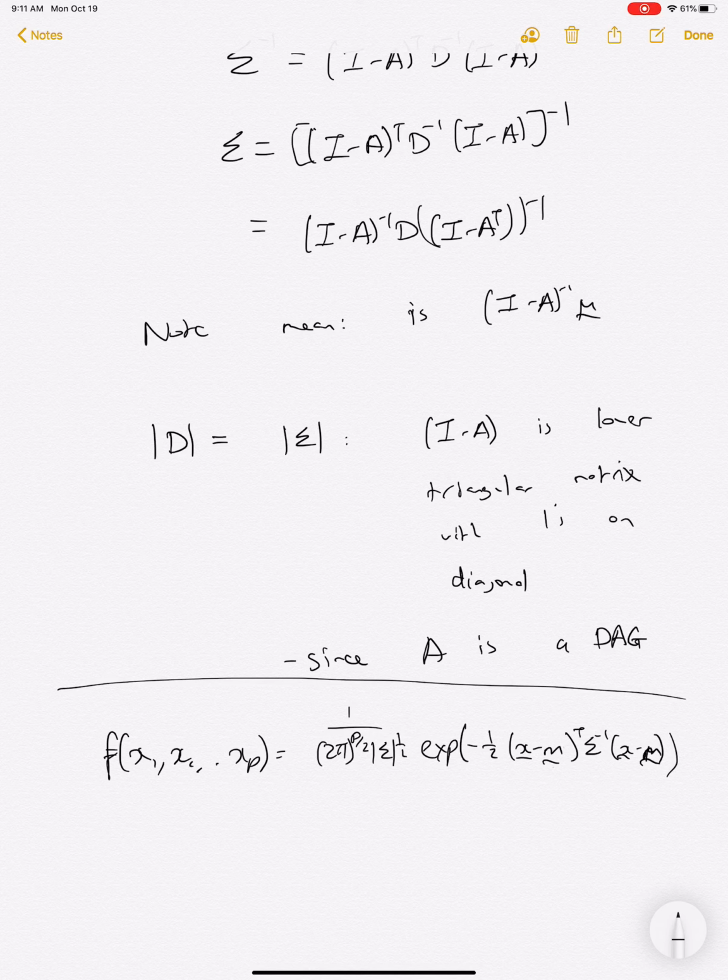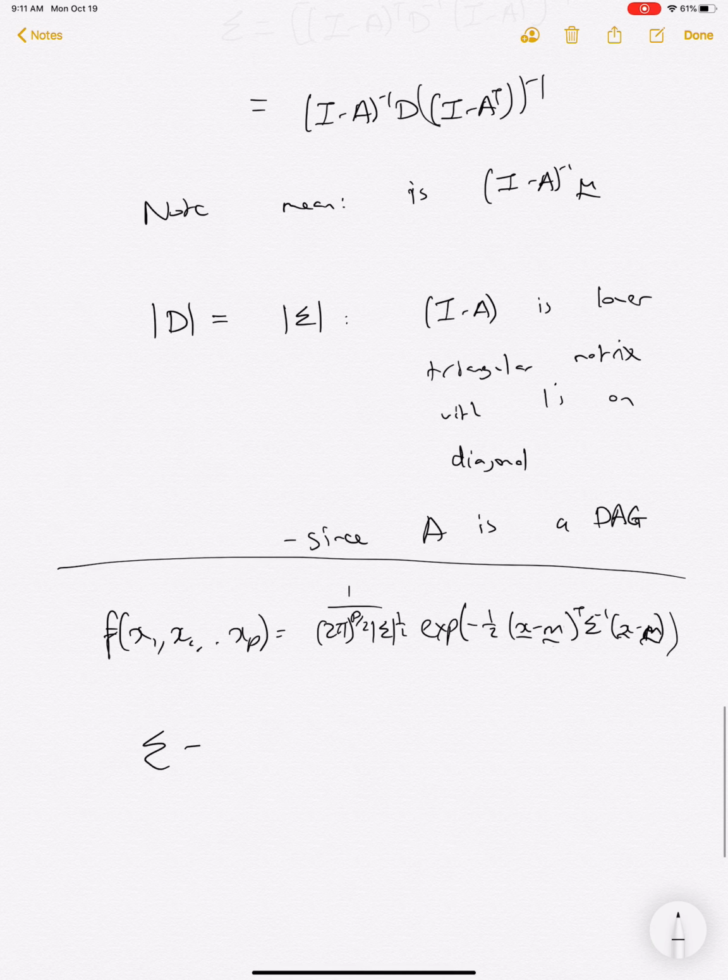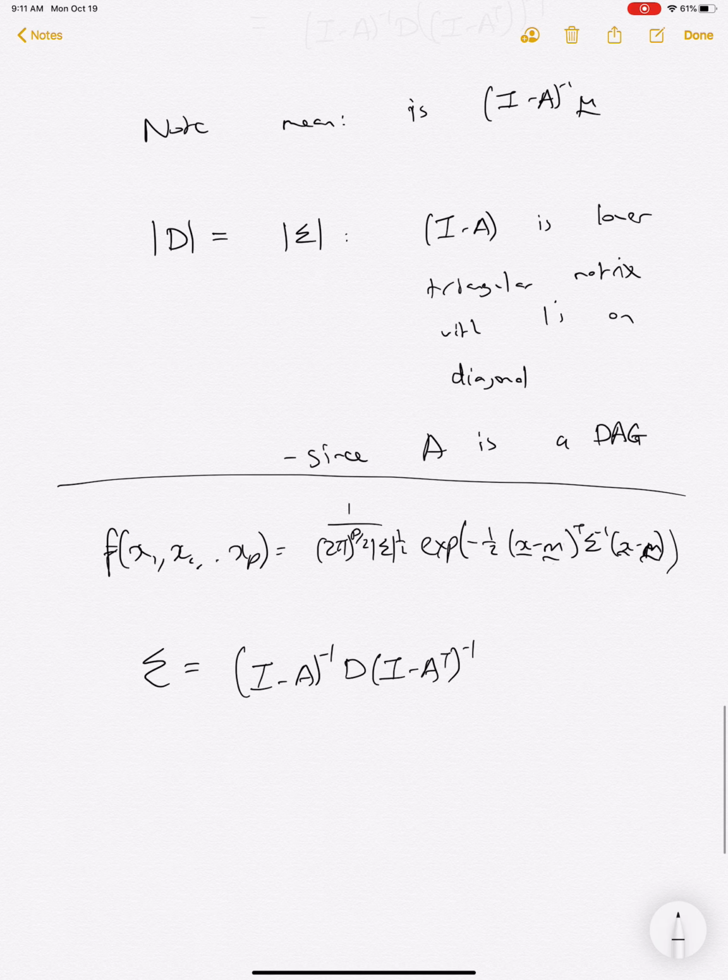Here sigma equals (I minus A) inverse D (I minus A) transpose inverse, and m equals (I minus A) inverse mu tilde.